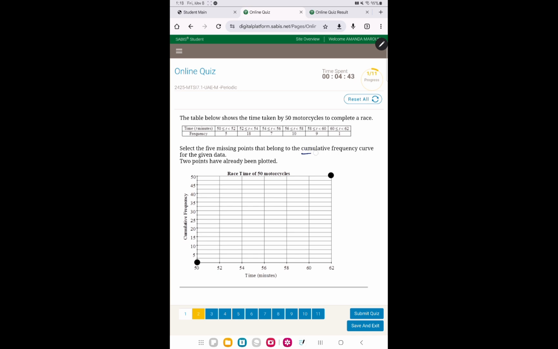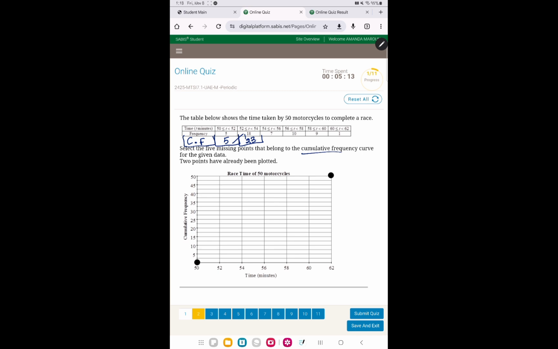They're telling us cumulative frequency. What is cumulative frequency? Very simply, we're going to start. For the first one, the cumulative frequency is 5 plus the one before, which is 0, which is 5. Then we're going to add 5 to 18. 5 plus 18, you can do it on your calculator or mentally, and you are going to get 23.